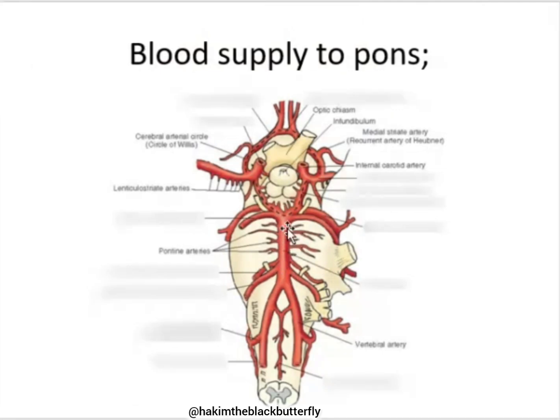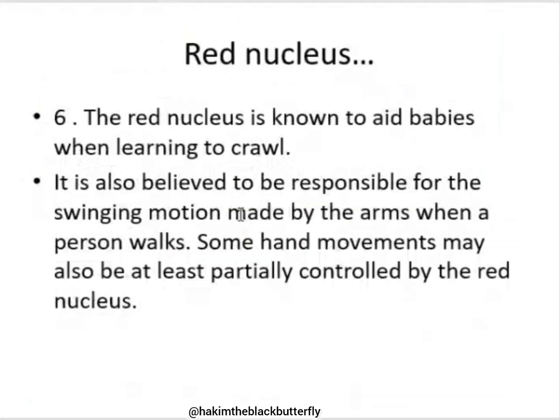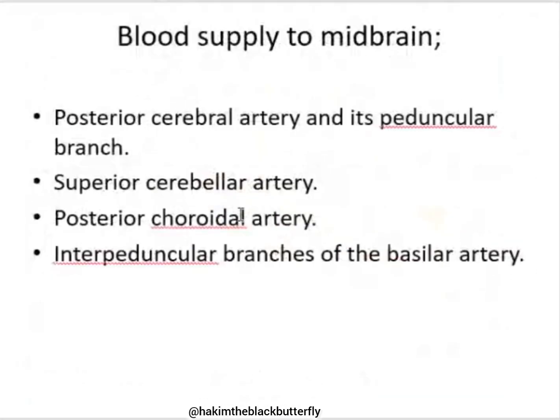This is the basilar artery. It finally bifurcates into what we call the posterior cerebral artery, the final bifurcation of the basilar. It's the one we have been talking about here. This posterior cerebral artery gives off a branch known as the peduncular artery, which is going to supply the cerebral peduncles.